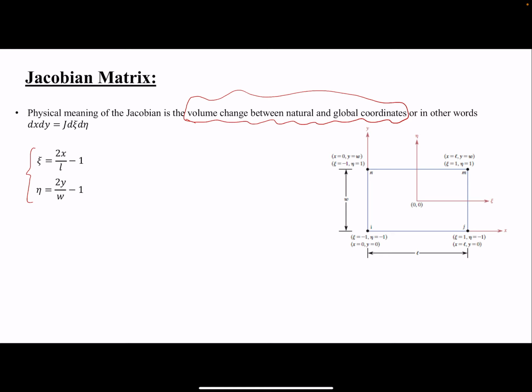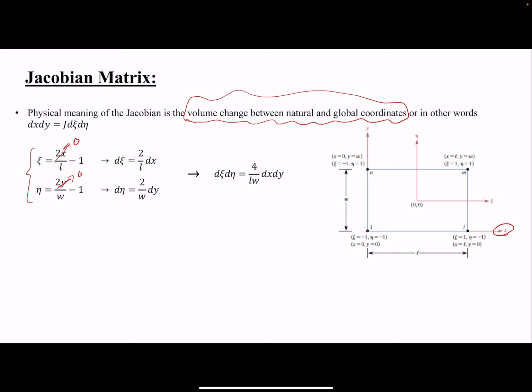You can check that if you put x as 0, for ξ we get -1. This is x0 for us. We get ξ = -1. If you put y0, you get η = -1. So that's the relation that we have between ξ and x. If I take a derivative from each side, dξ would be 2 over L dx, dη would be 2 over W dy.